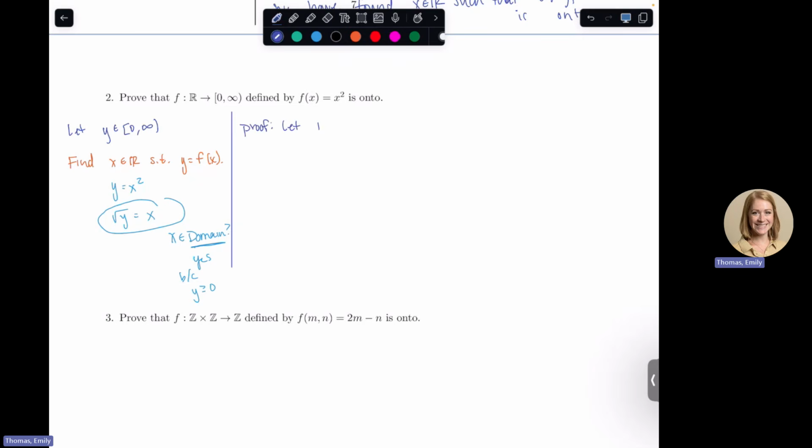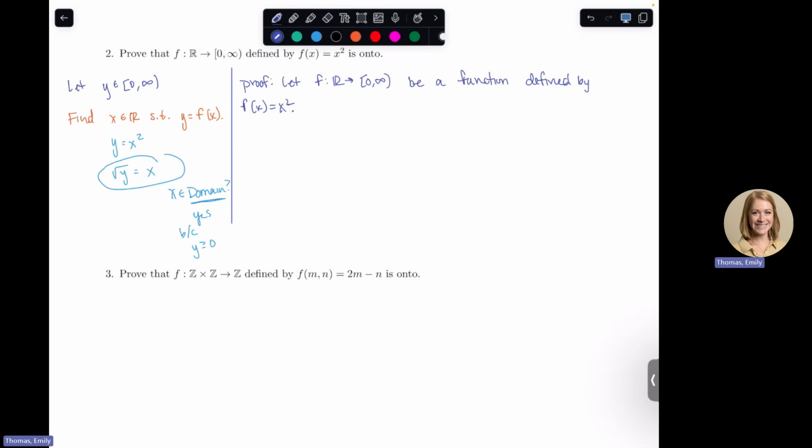We're going to let f from R to 0 to infinity be a function defined by f of x equals x squared. We are going to let y be an element in 0 to infinity, our codomain.